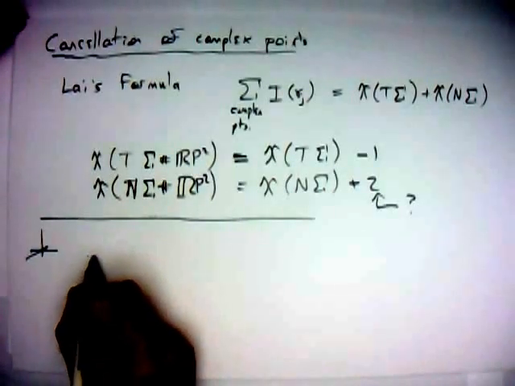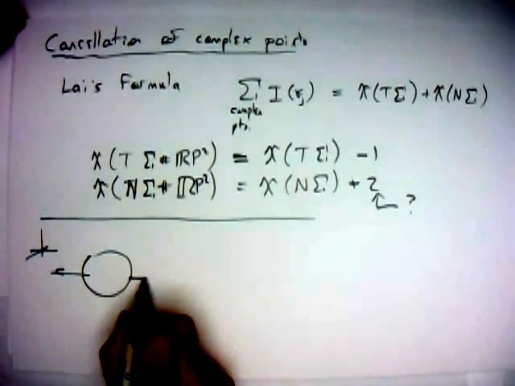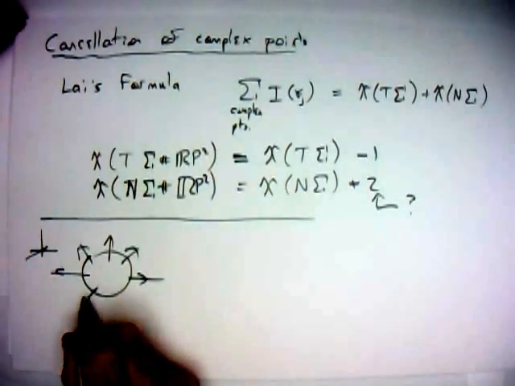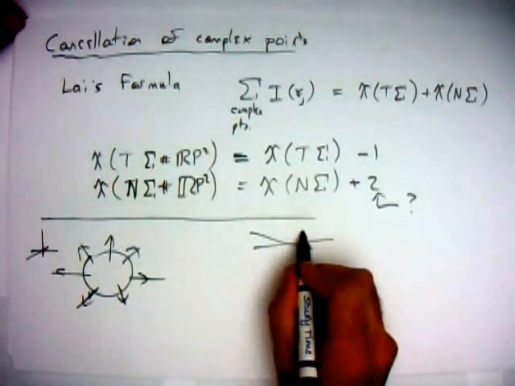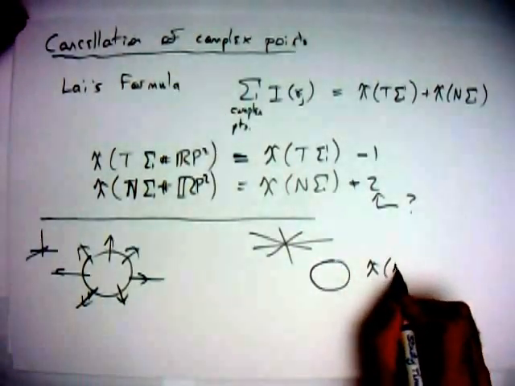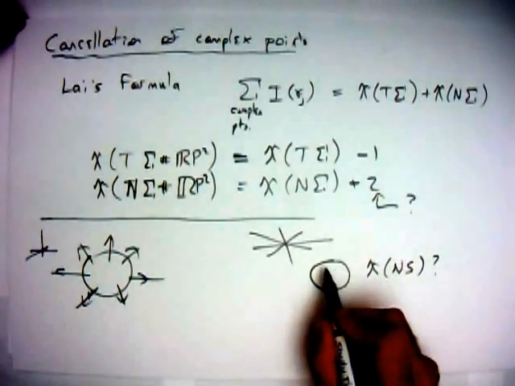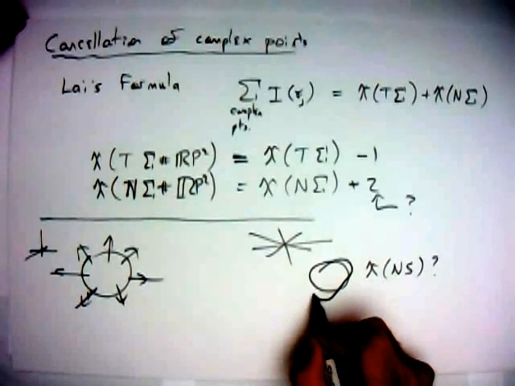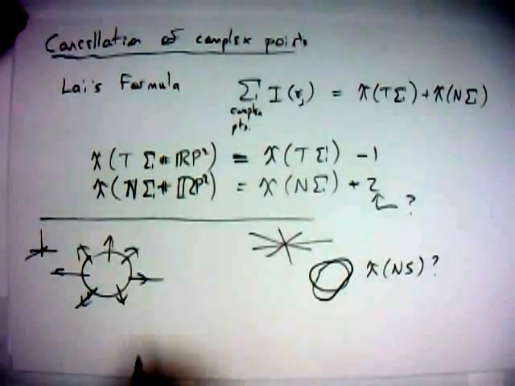If you take a sphere and you look at the oriented lines coming out of the sphere, in all directions, this gives you in TS2 another sphere. Suppose I wanted to find out what's the Euler number of the normal bundle of this. Well, one way to do it would be to perturb it a bit, and then we will end up with it intersecting in a number of points, and then you count the number of intersections with sign, and you'll get the Euler number of the normal bundle.